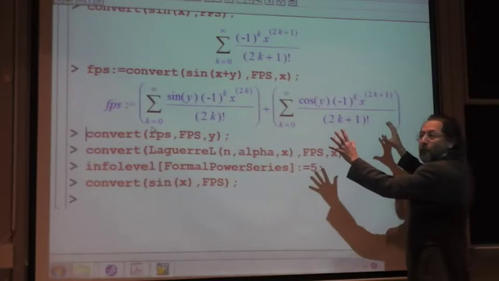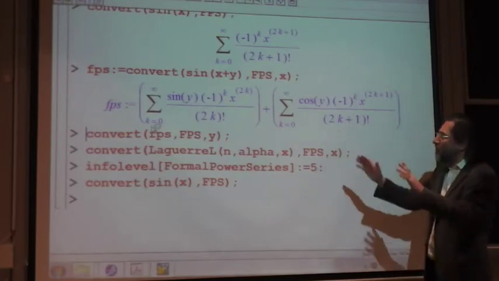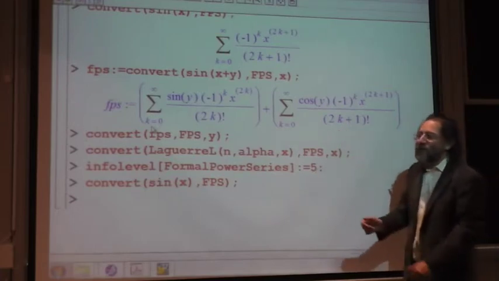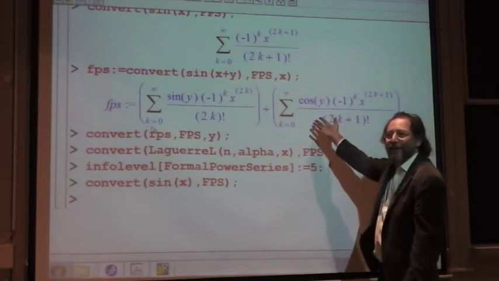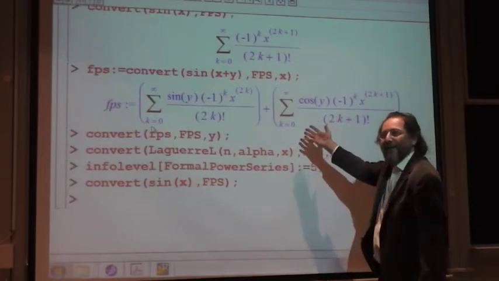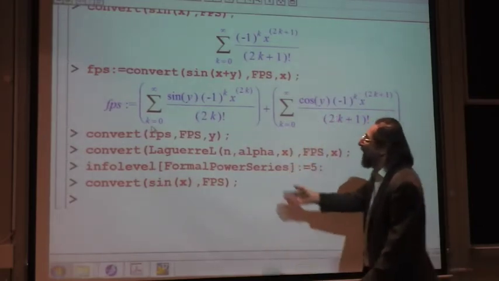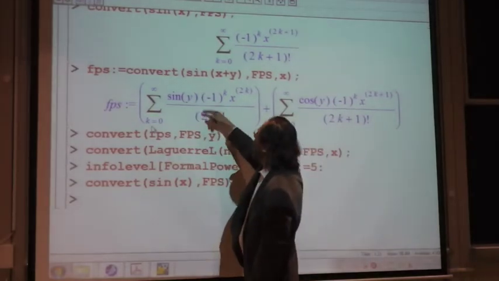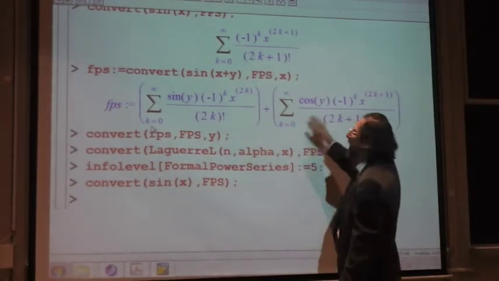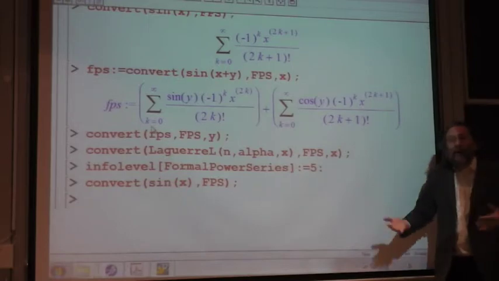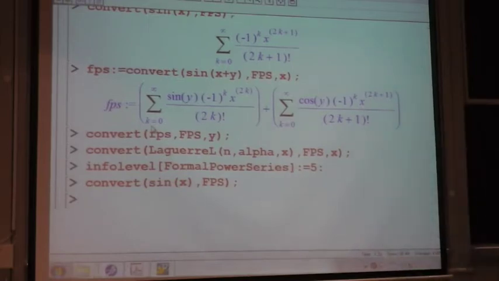Then you can do that, and that's all done automatically. And actually, what is this, what you see here? The addition formula, exactly. You can see the sine y, and here's the cosine x. So that's the addition formula.